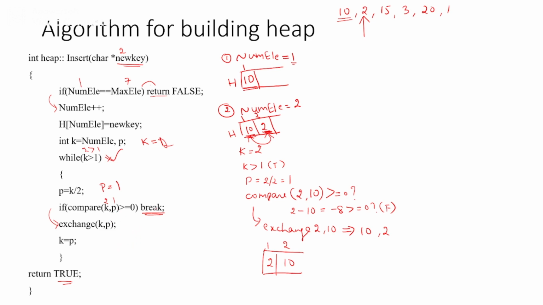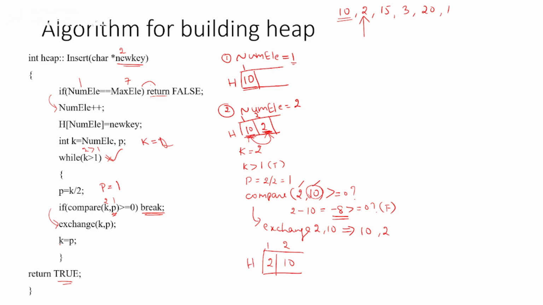But if it is a negative value like this, then the parent here was 10 and the child here was 2. P is nothing but parent, and child is k. So parent is greater than child now. So when that happens, you need to exchange so that parent will be smaller than the child. So you will get now 2 and 10 in heap.